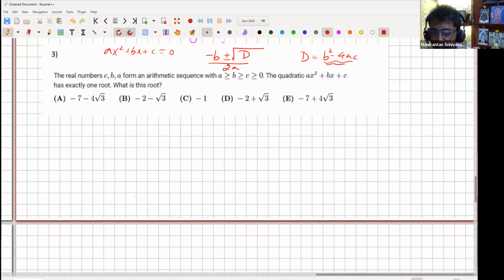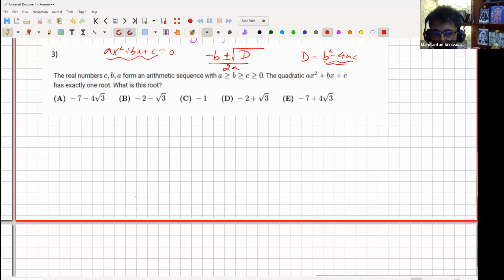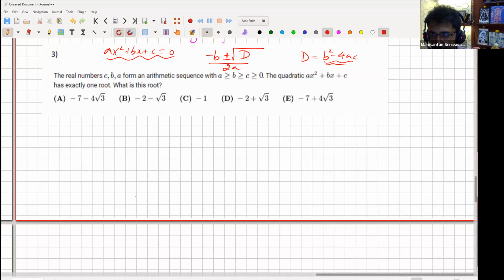When d is greater than 0, let's say d is 23, square root of 23, when you plug in here, I have plus or minus outside, and therefore there are 2 roots. Square root of 23 is only a single number, always the positive square root of 23, but because of the plus minus outside, I have two values for the roots. Roots meaning the values of x which will make this equation valid.